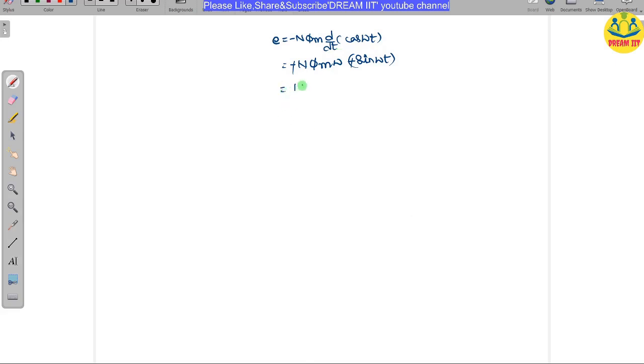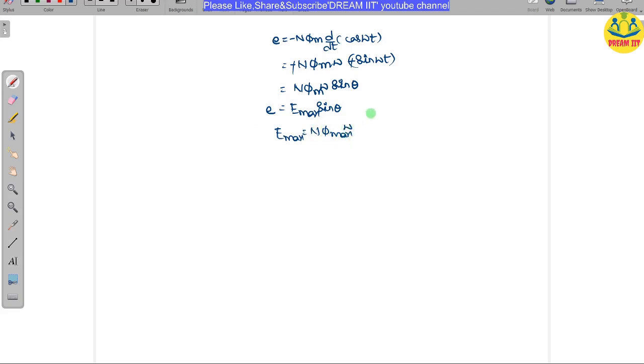So whatever you are getting, n into phi m omega sin theta we can write, if omega t is theta. So this value E max we can write as E max sin theta. Finally you are getting E max sin theta. What is the E max value? E max value is n into phi max into omega.